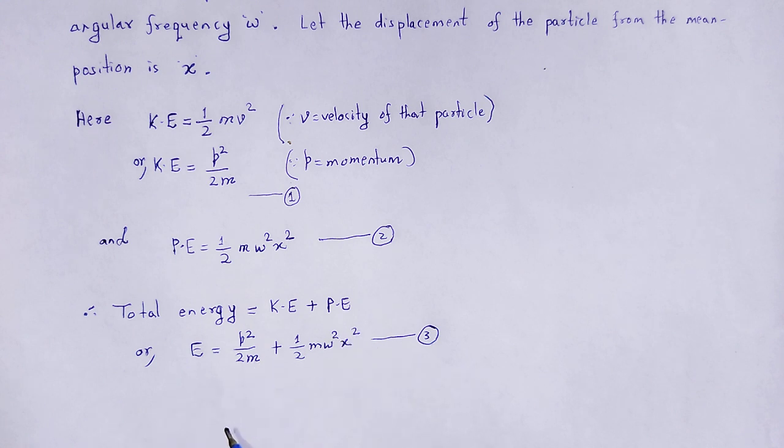We have to calculate the ground state energy, that is the minimum energy of harmonic oscillator, by using uncertainty principle. When we are dealing with the uncertainty principle, that is uncertainty in position and uncertainty in momentum. In the energy expression, here is the momentum term, and that is the position term.